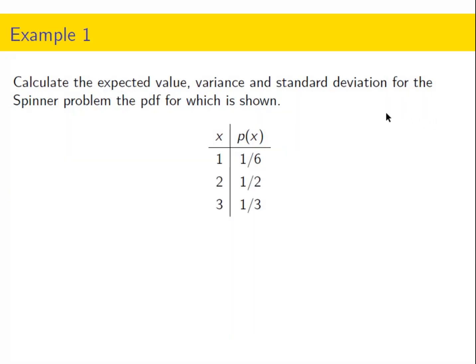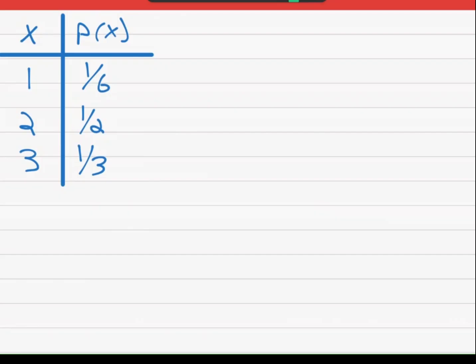So let's jump back to our example and show these quick calculations for the expected value, variance, and standard deviation. I copied the t-chart over here so we can see what we're doing when we calculate the expected value.